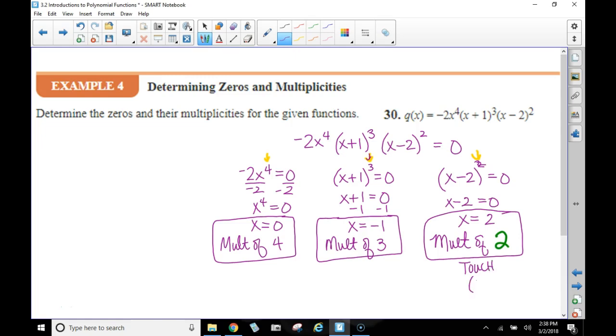So we're going to have a touch point at (2, 0), another touch point at (0, 0), and we're going to have a cross point at (-1, 0), if we were to graph the whole thing.